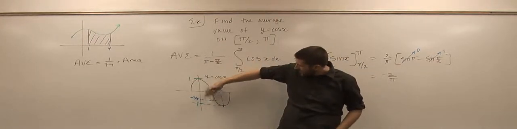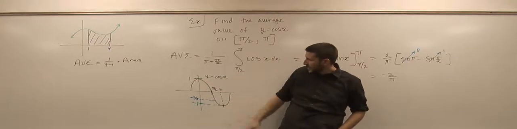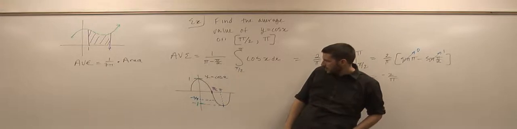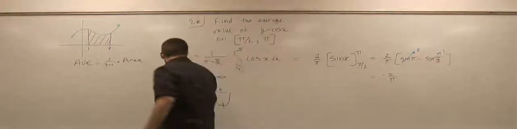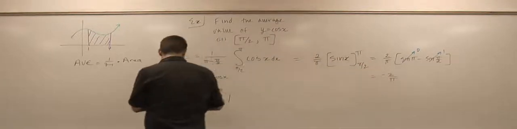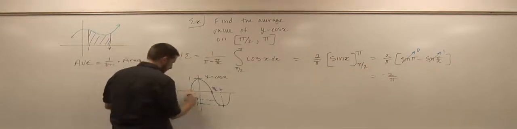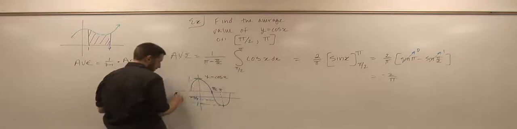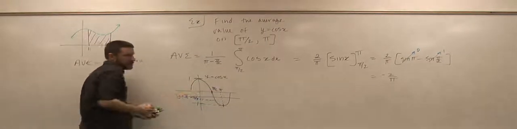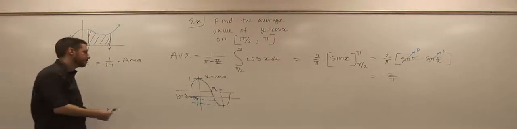Right, so it actually has more values that are less than negative 1/2 than it has values that are bigger than negative 1/2. And if you drew the y equals negative 1/2 line, you'd have more underneath than above. There's more of the function under here than above.